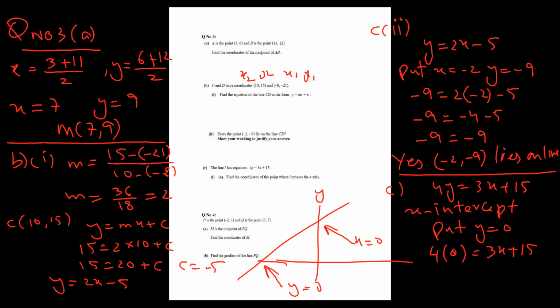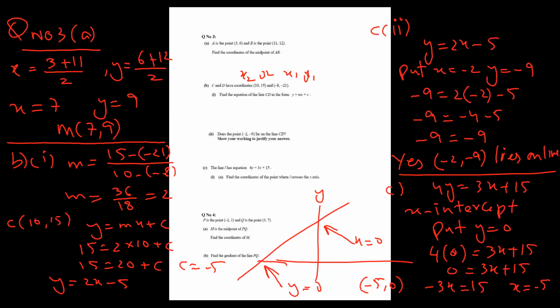So this 0 equals 3x plus 15. 3x comes to the left-hand side. This 3 divides, we get minus 5. But don't leave it here because he asked for coordinates. So the coordinates are x is minus 5 and y is 0. So this is our answer.